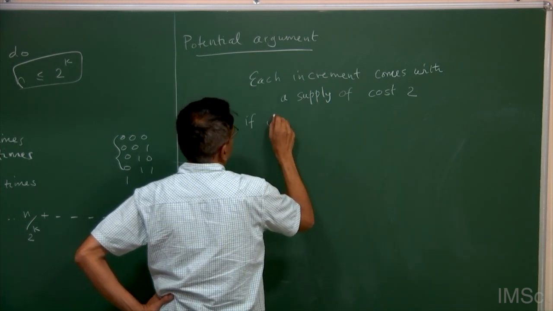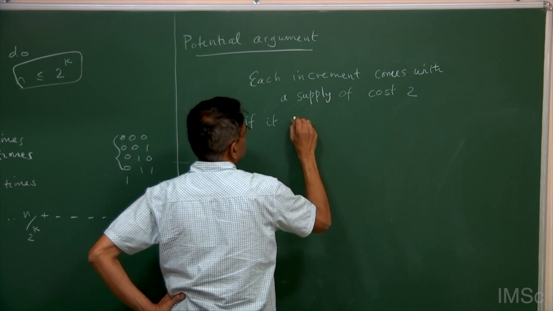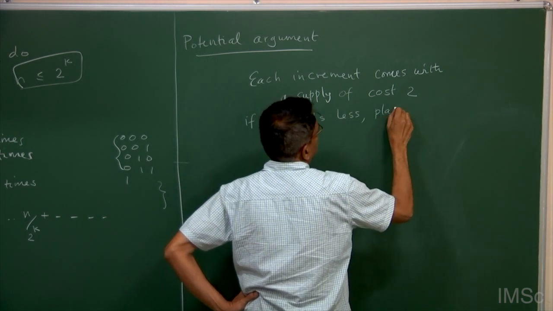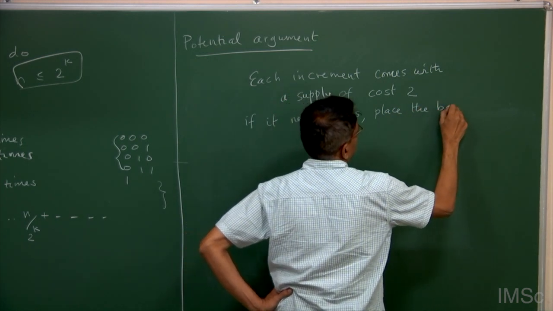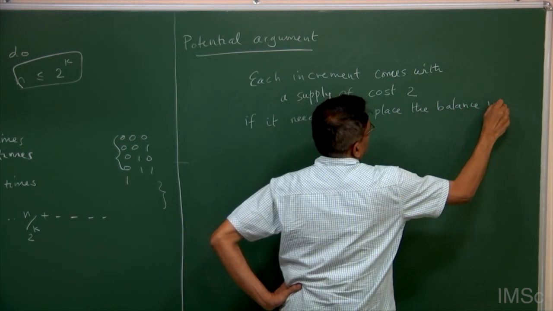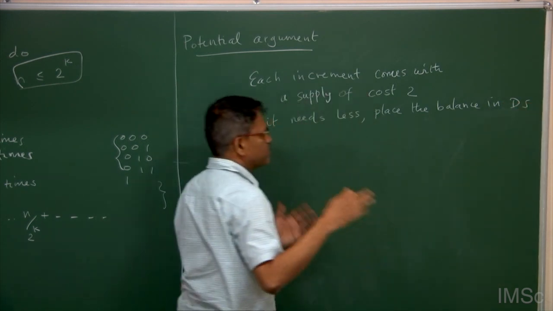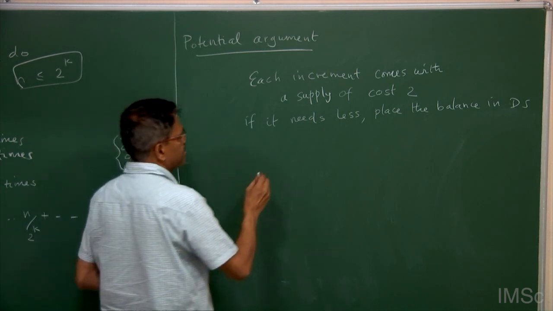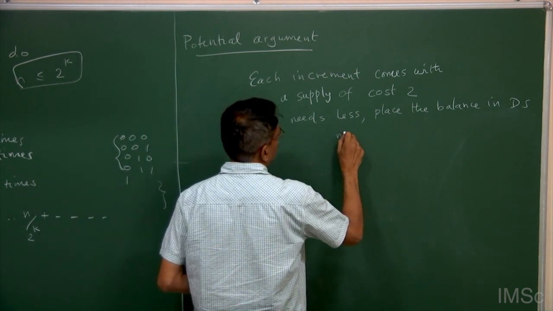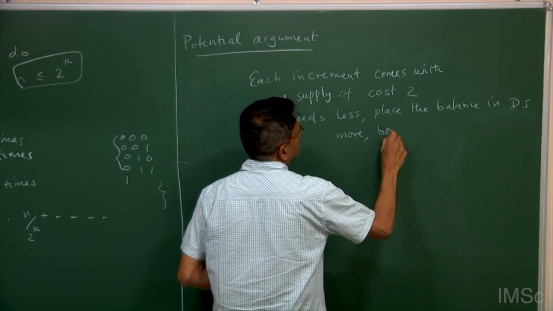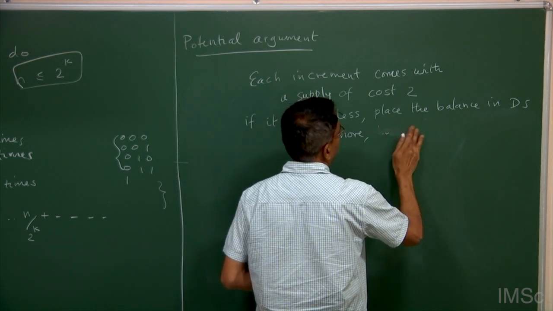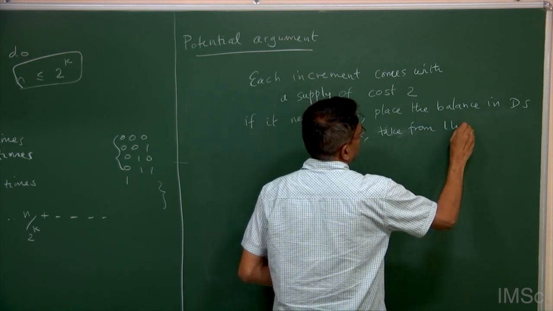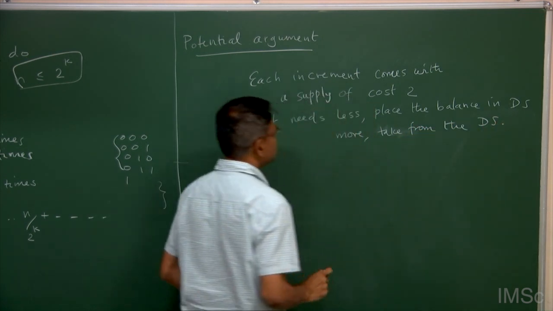If it needs less, place the balance in the data structure, because we are working in the data structure. In our case, the k-bit counter is the data structure. And if it needs more, take from it. Not borrow, because I'm going to give it back. So this is sort of a setup.